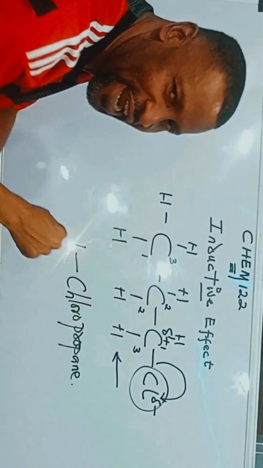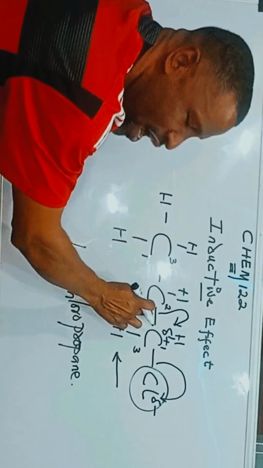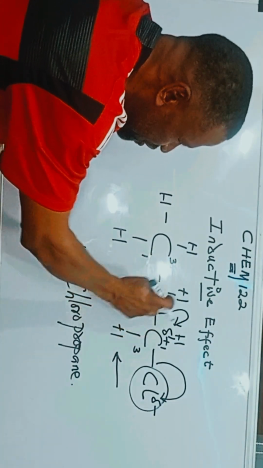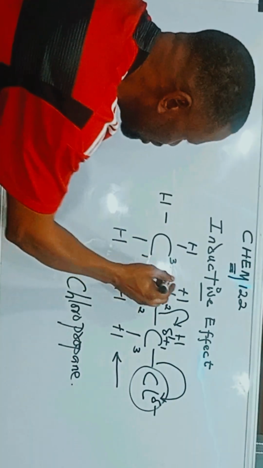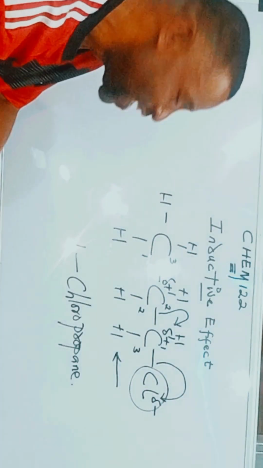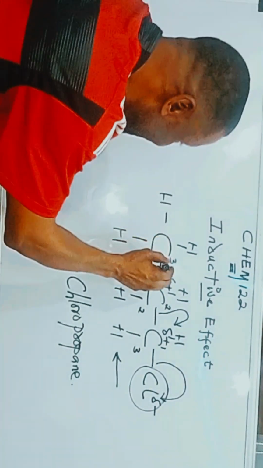So the electrons between carbon 2 and 1 will be shifted towards carbon 1, making carbon 2 also develop a partial positive character. When carbon 2 develops a partial positive character, the electrons in this bond will move towards carbon 2 to leave carbon 3 with a partial positive character.